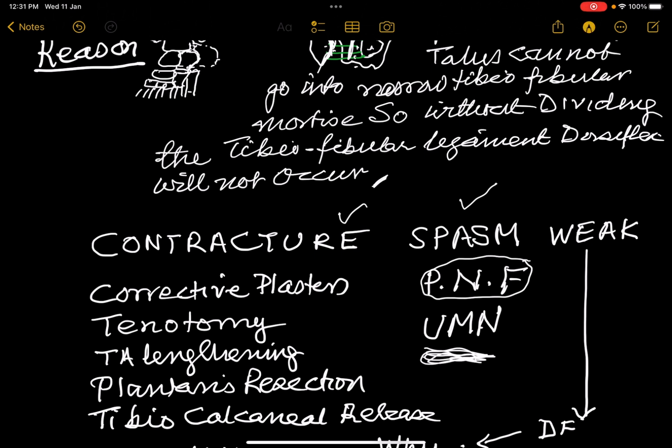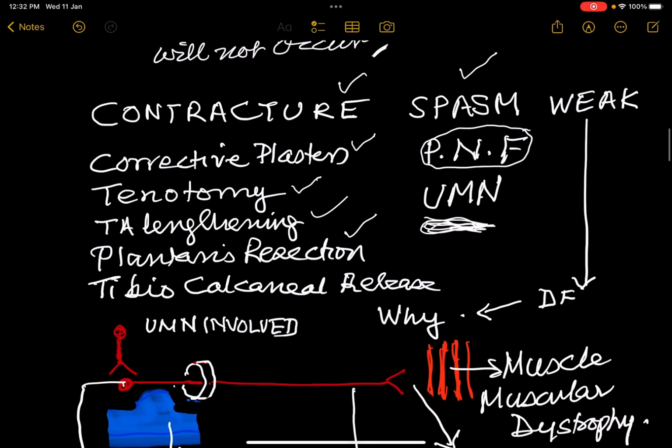If there is a contracture, then you will give corrective plasters, you will do a tenotomy, you can do a tendoachilles lengthening by Z-plasty, you will resect the plantaris, you will divide the tibiocalcaneal ligament or posterior capsule, and you may have to divide the tibiofibular ligament to achieve correction of contracture.